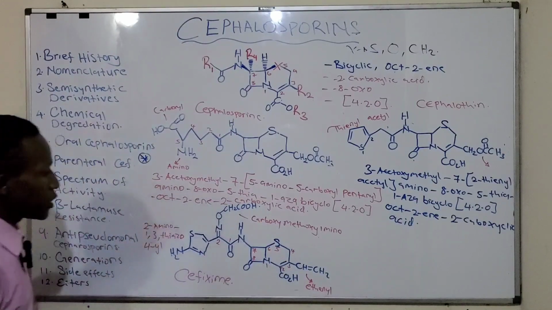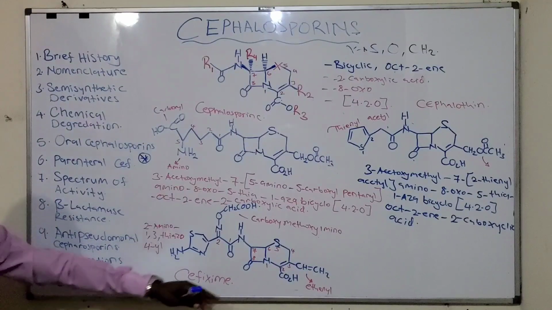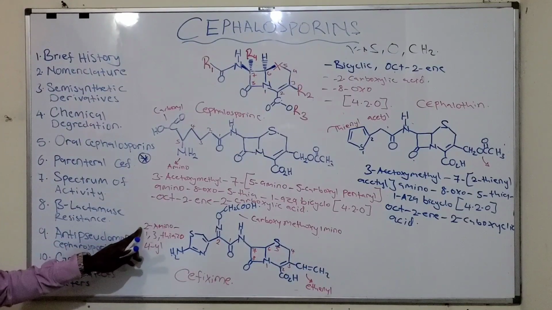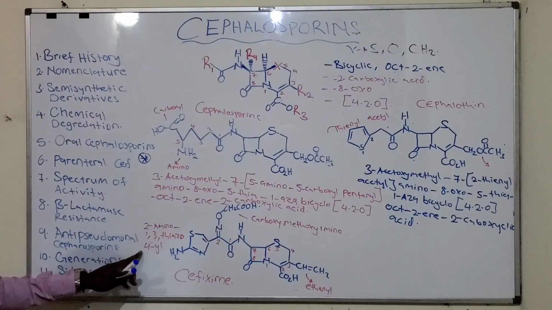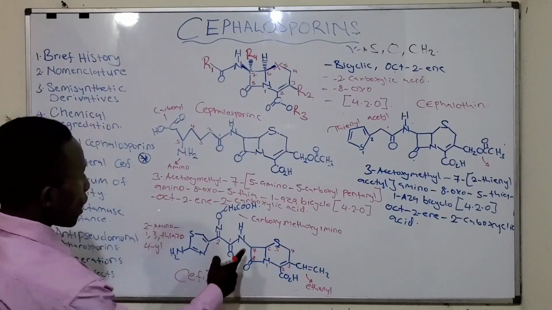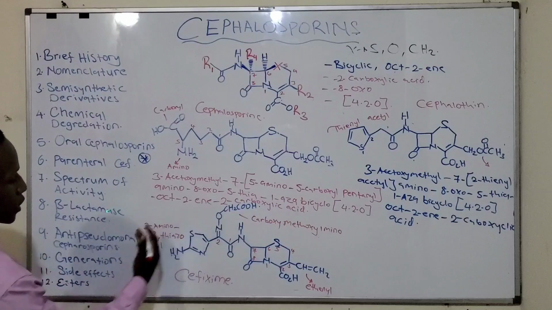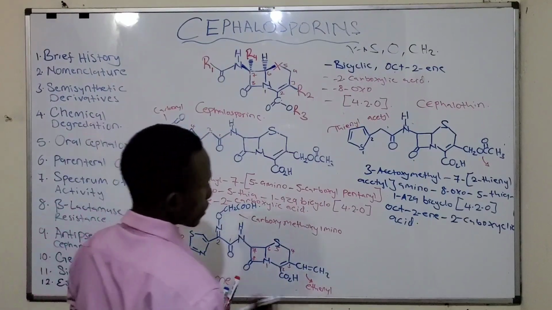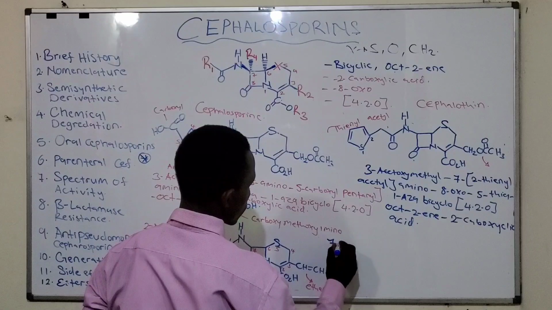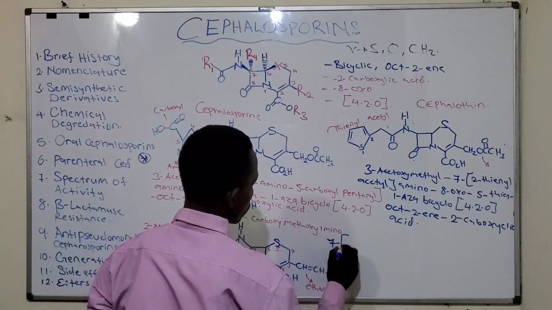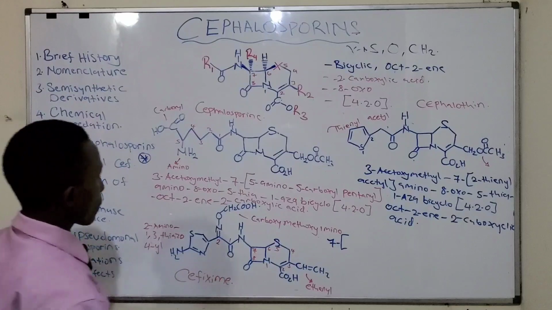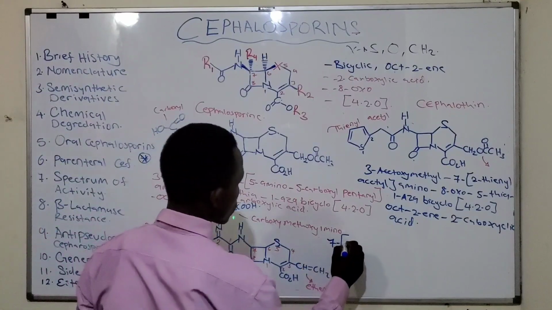This is 8. Now, alphabetically, we shall begin with this group. So, at position 7 of the side chain, so it will be 7.